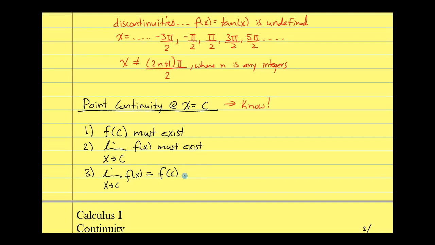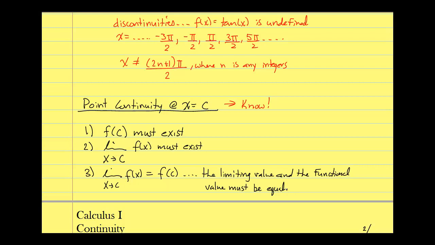These have to be equal, and what this means is the limiting value and the functional value must be equal. Okay, so that's our definition of point continuity.